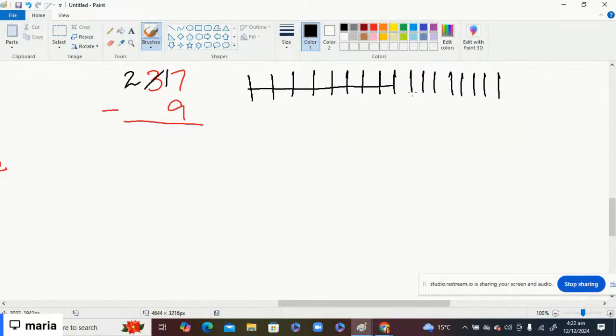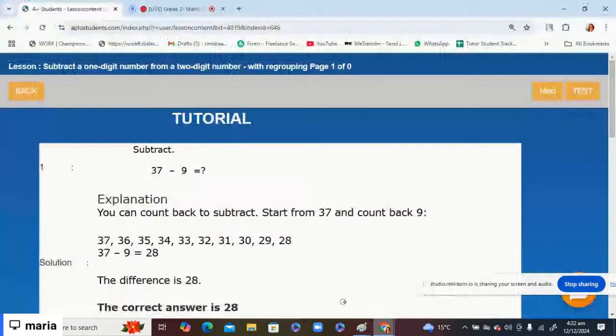Now, how many are left? It's 1, 2, 3, 4, 5, 6, 7, 8. Putting 8 here. And now put down this 2. Okay, this is 28. Now, let's check the next question.